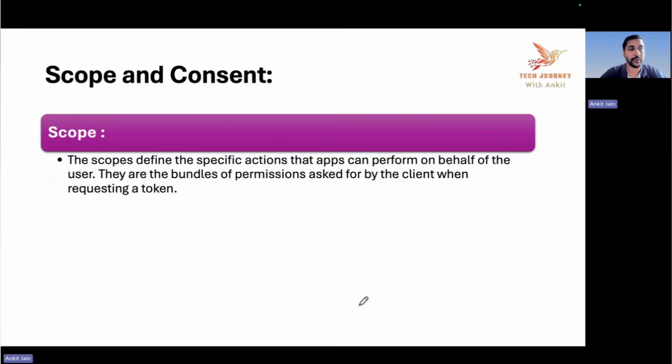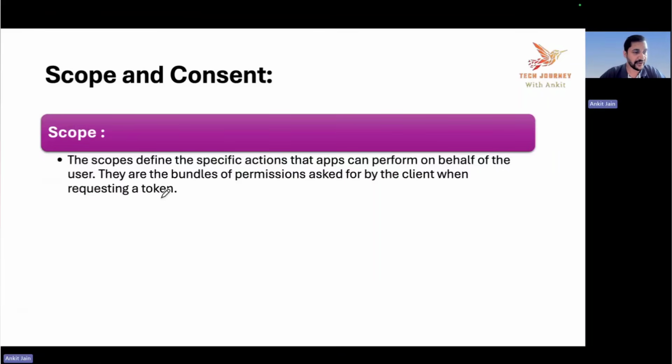The same thing we have to do in OAuth 2.0 as well. Whenever you are requesting the access token, you have to correctly define the scope of that access token. If I, as a user, have that access token, what specific actions can I perform on that application on behalf of that user?